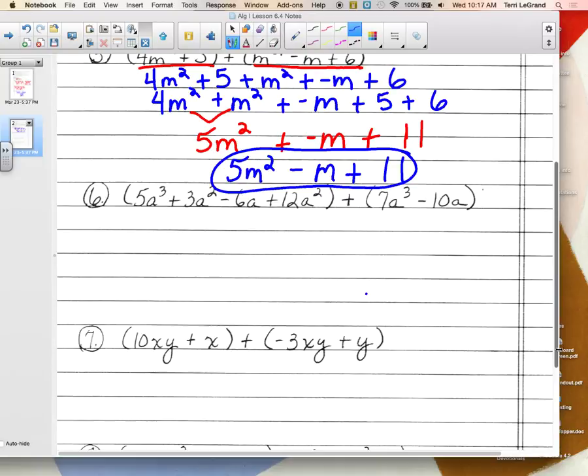What's the degree of 5m squared? 2. The degree of negative m is 1. The degree of the constant 11 is 0. What's the largest of all of those? 2. So it's a degree 2 polynomial, a quadratic trinomial. We don't add all the exponents of all the monomials. We only do that when it's a monomial.